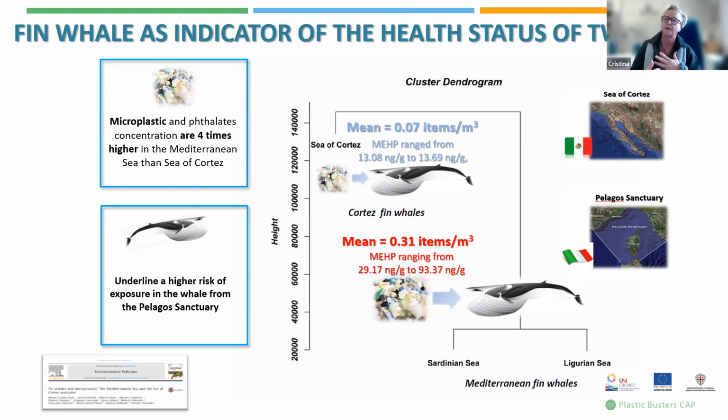So during this presentation and the training, you have an example of species such as mussels that are spot indicators of a specific area, and species such as large filter-feeding species, for example whales, that can support the monitoring of the entire basin.